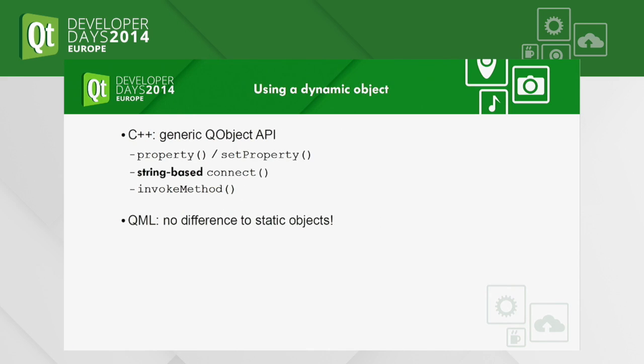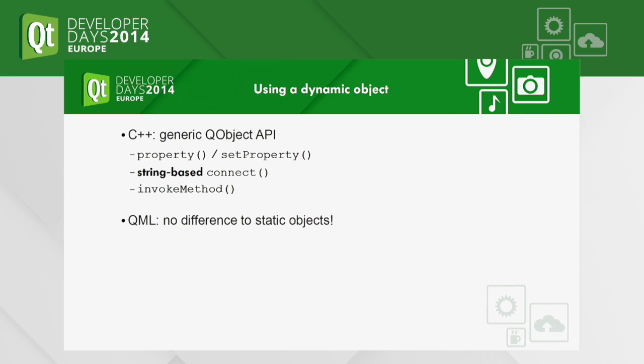Right, so now we have a QObject. It's introspectable, and it behaves like we would expect. So if you have an incoming signal to a signal, that's emitted. If you change a property, notify is emitted, and so on. The way we can interact with that is purely from the C++ side, purely the generic API in QObject. So this is getting a property, setting a property based on a string name.